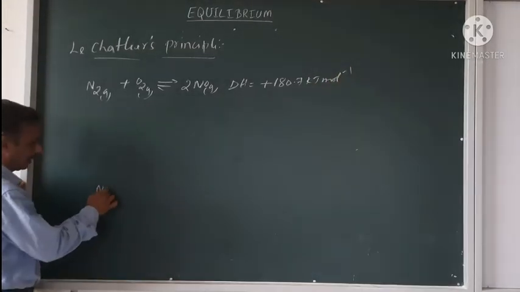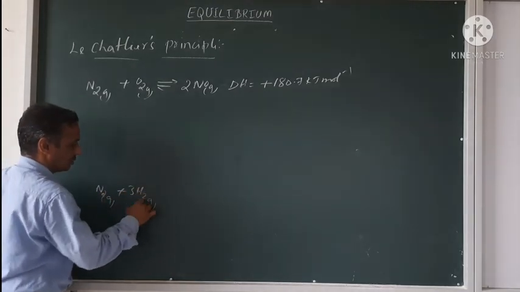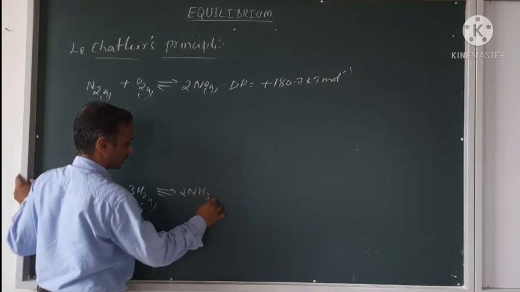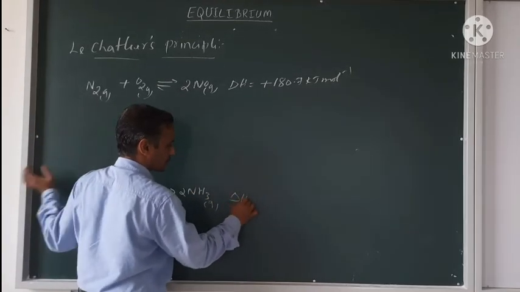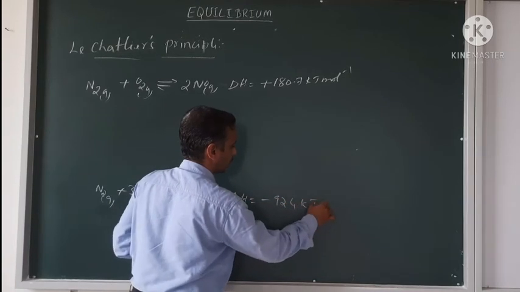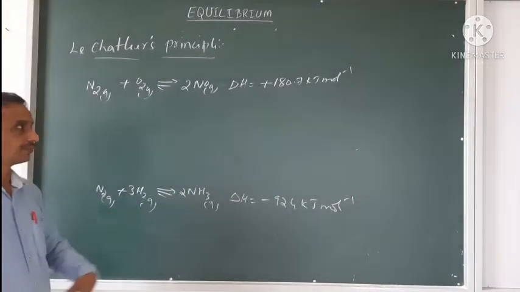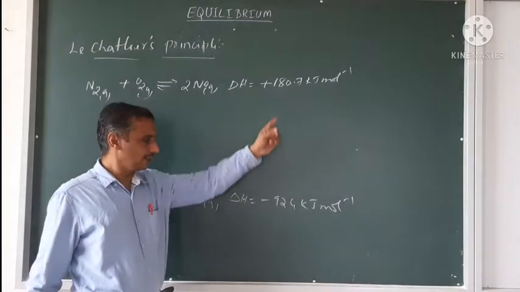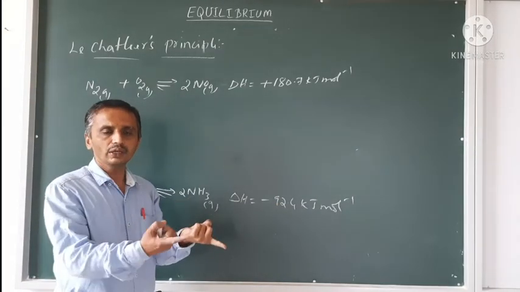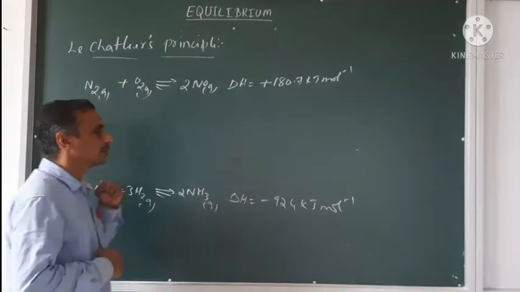Or N2 gas plus 3H2 gas giving 2 NH3 gas, delta H is equal to minus 92.4 kilojoules per mole. Already said, this is endothermic, this is exothermic. If heat is evolved, exo; if heat is absorbed, endo. Now see here.